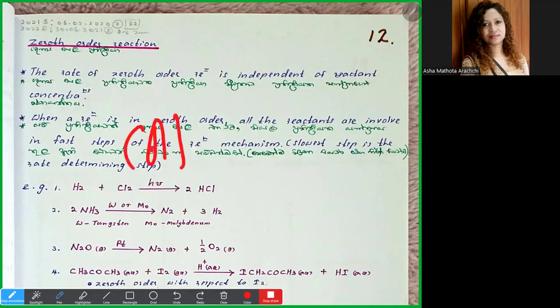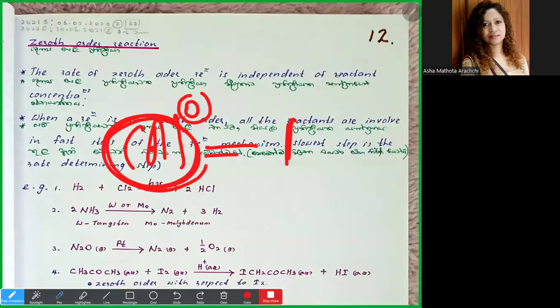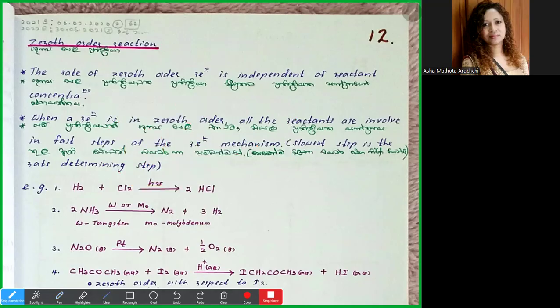Or A concentration to the power 0? 1. It's exactly 1. What's the meaning of that? Zeroth order means, if this is 1, there is no effect from this concentration on the rate. Understood? Zeroth order means there is no effect. That is the base. So let's try the topic, zeroth order reaction.